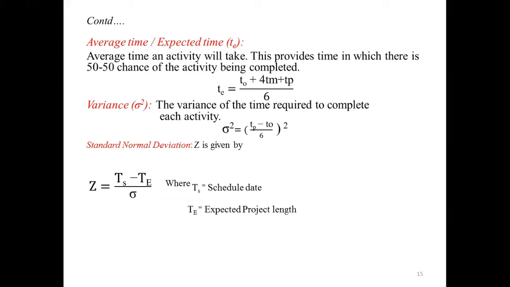There is an expected time, and sigma represents the standard deviation of the critical path in a network analysis. Then you will get Z, the standard normal deviation.